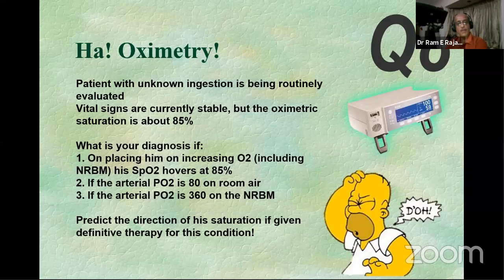Number one, you're placing him on increasing amounts of oxygen, including a non-rebreather mask, and his saturation remains at 85. And then you're measuring a blood gas in the same patient. When he's on room air, his PO2 is 80. And when he's on the non-rebreather mask, his arterial PO2 is 360. So what is this condition that you are seeing right now?